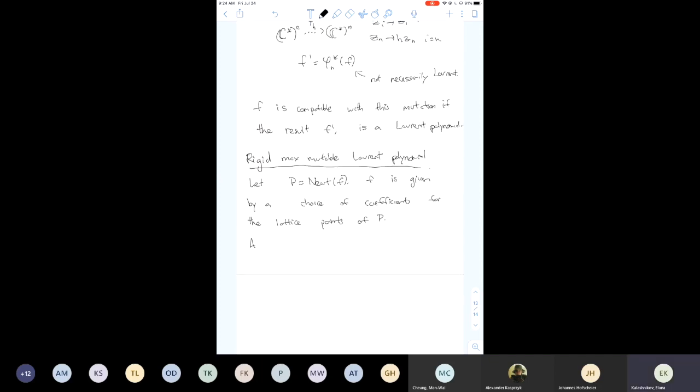Then we say that a Laurent polynomial is rigid maximally mutable if it's compatible with a maximal set of mutations.